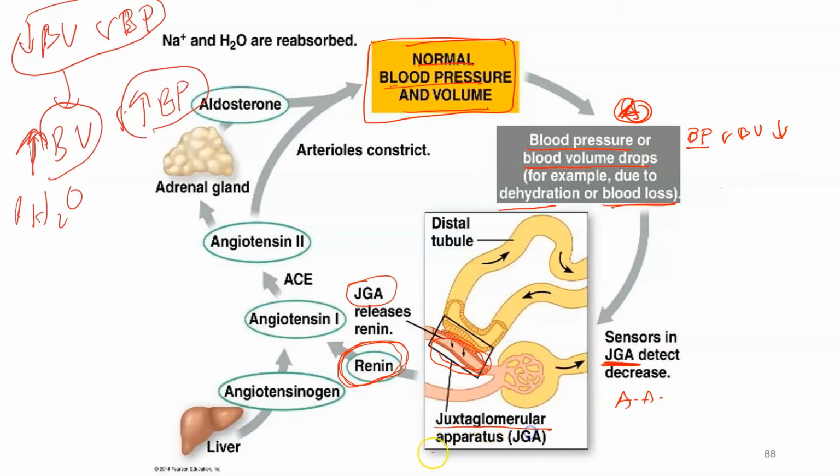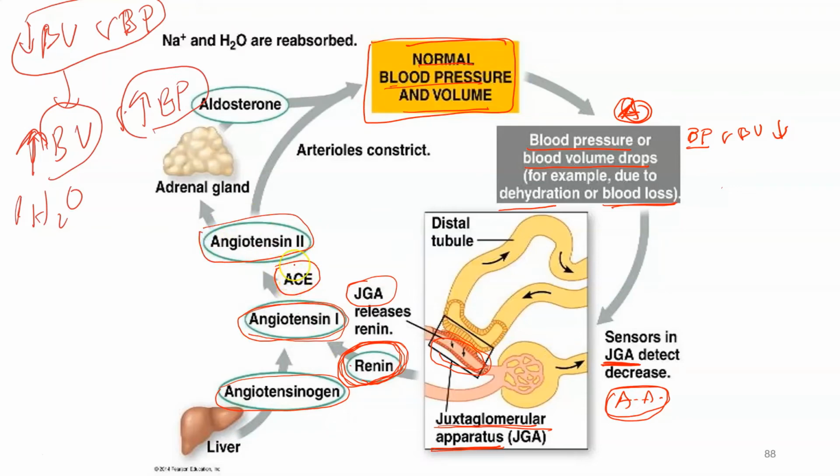The long name for JGA is juxtaglomerular apparatus, which is a group of tissue at the afferent arteriole. It causes the release of renin and causes the renin to convert angiotensinogen, which is released from the liver, into angiotensin 1. So angiotensin 1 will be converted into angiotensin 2 aided by ACE.